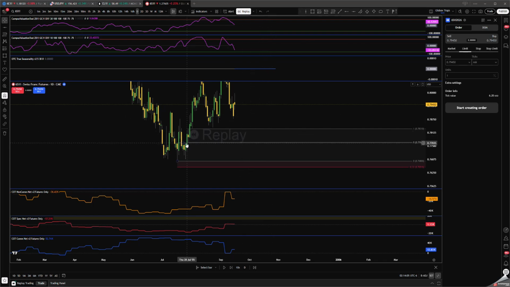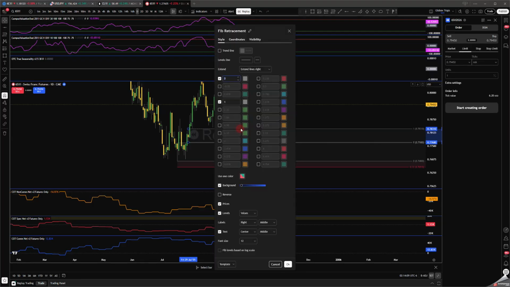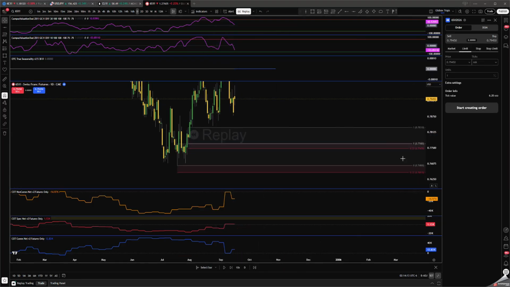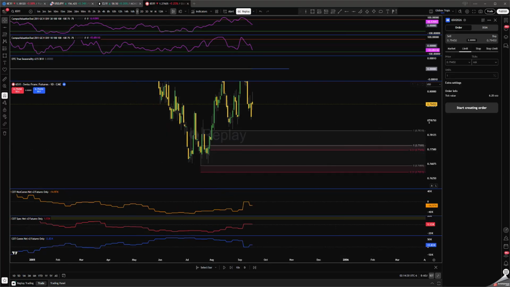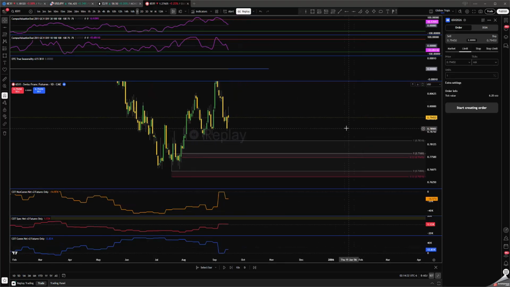But let's say you take the upper level, and stop loss is always 33% below the zone. If you take the upper level and it breaks, your first attempt was wrong, and then you have to re-enter, because we are still biased long. Nothing has changed. The fundamentals are still the same.